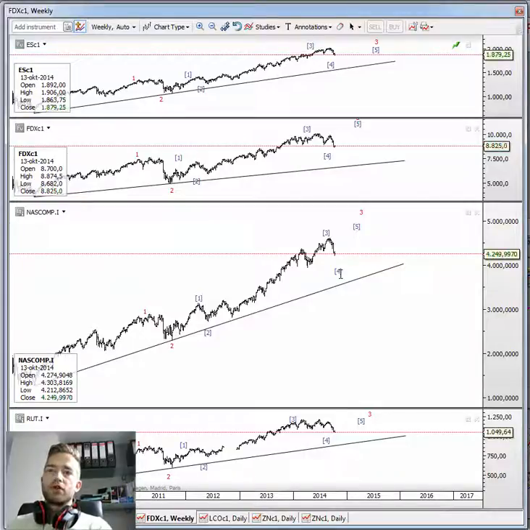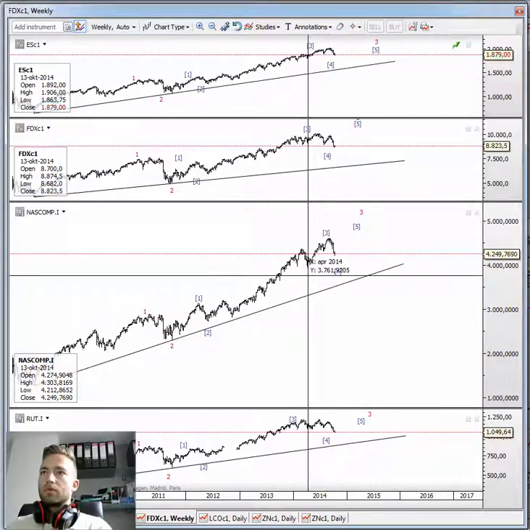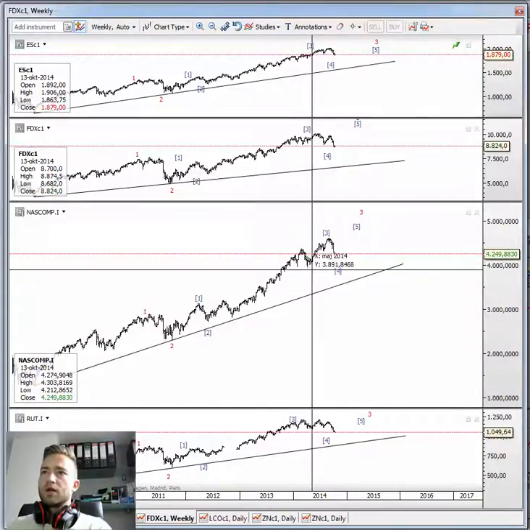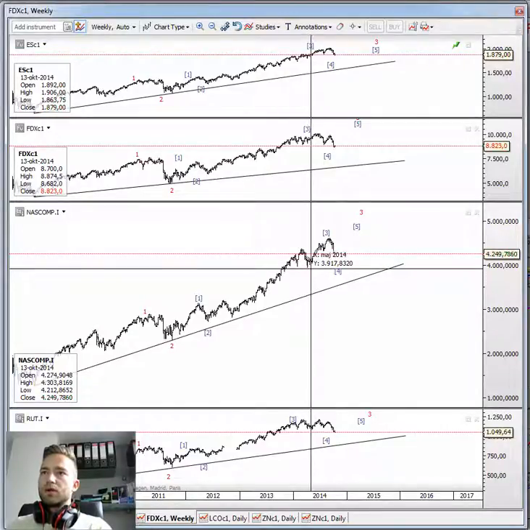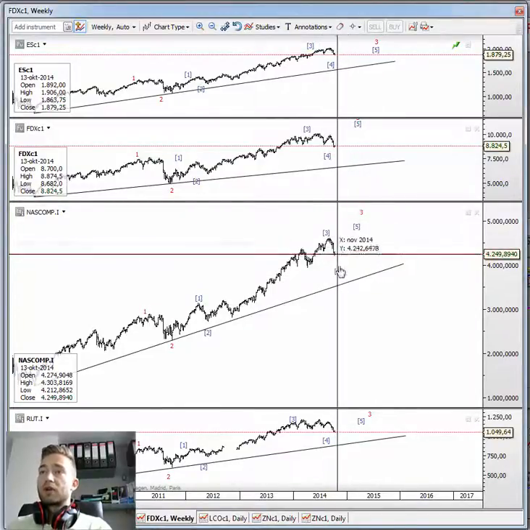Now wave 4 usually retraces to the region of a former wave 4, which in our case comes in at those levels from April of 2014 lows, swing lows. So this comes in, actually it's quite far away from current levels.